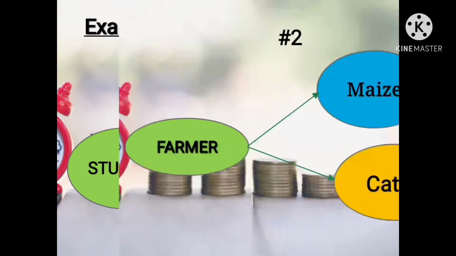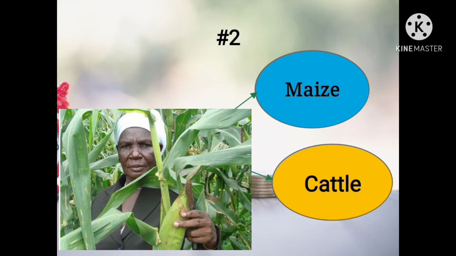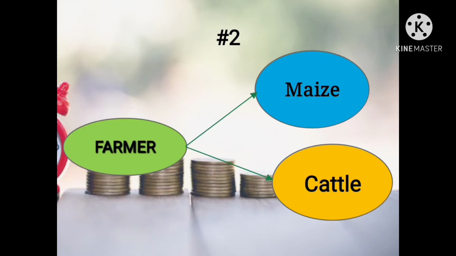Look at the other example here. To a farmer, he has to decide whether to grow more maize or to rear more cattle. If he chooses to rear more cattle, then the opportunity cost is the maize.